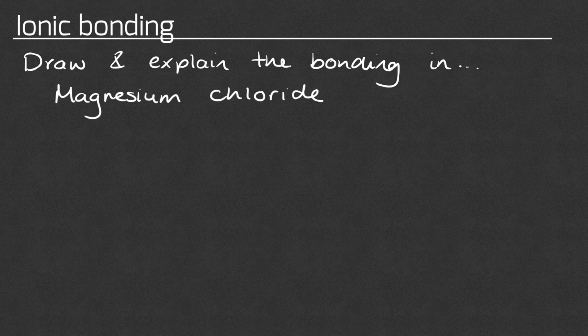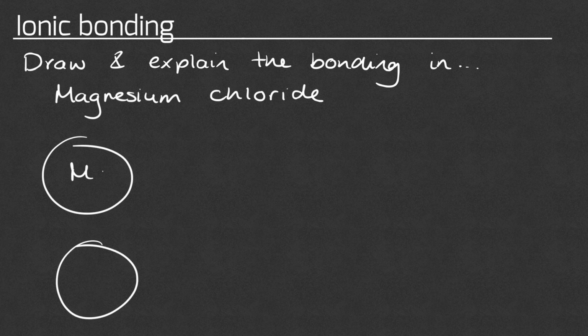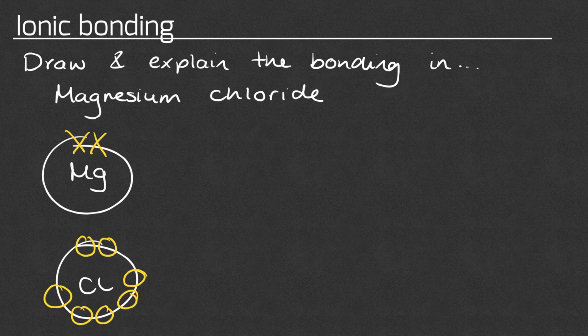In this example, we need to draw and explain the bonding in magnesium chloride. So we'll draw our before picture and add the electrons in.